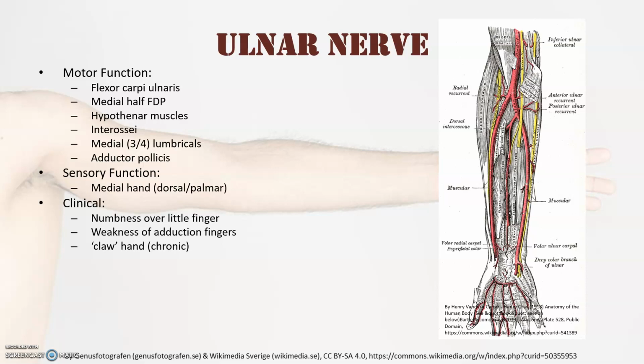So therefore, an injury to the ulnar nerve will cause numbness over the little finger and weakness of adduction of the fingers. The typical claw hand that we learn about is not usually an acute presentation of ulnar nerve injury, but develops with time.